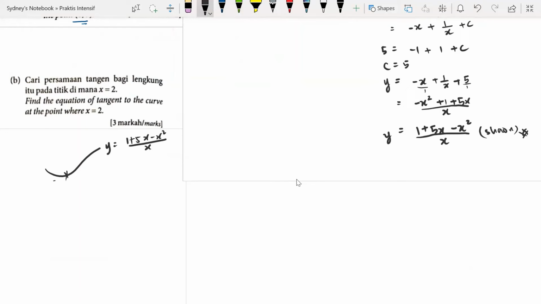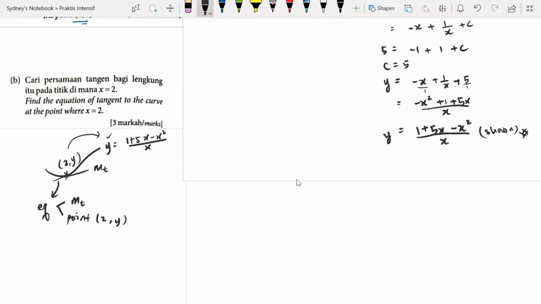To find the equation of the tangent, let's put down the important elements first. We have the gradient of tangent, and then we have the point x, which is 2. But what is y? We don't know, but we have to substitute in order to get the point. To find the equation, we must have two things: the gradient of tangent and the point.